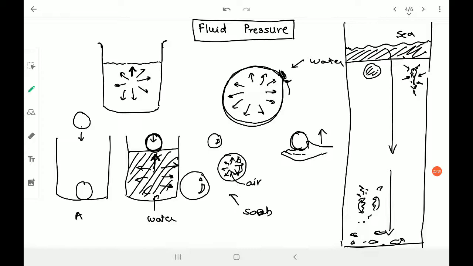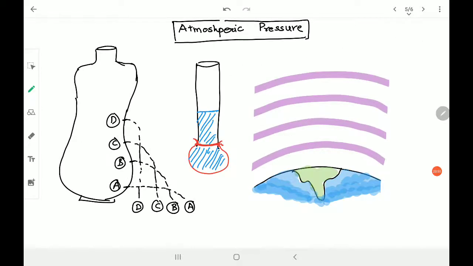After some time you feel better, right? Because airflow becomes proper. This is what I talk about, fluid pressure. Isn't that interesting? Let's see some more examples and some better understanding about fluid pressure, which might give you an idea about atmospheric pressure as well.